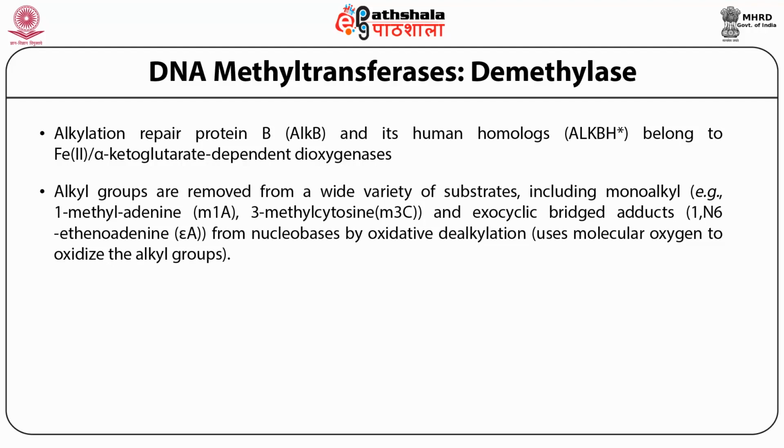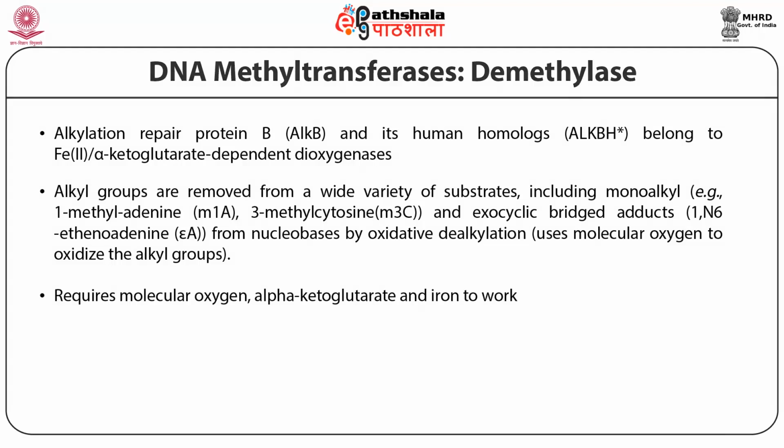They remove alkyl groups from a wide variety of substrates, including monoalkyl and exocyclic bridged adducts from nucleobases by an oxidative dealkylation mechanism, and they require molecular oxygen to oxidize the alkyl groups. So in this demethylation reaction, the enzyme doesn't follow the suicide mechanism as we have seen for MGMT. Rather, the enzyme is available to work again.